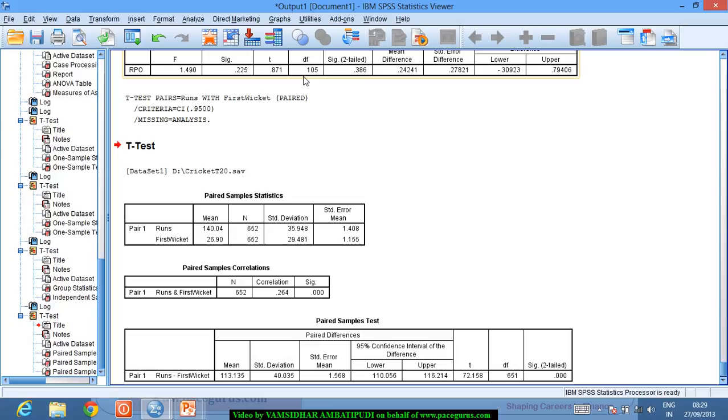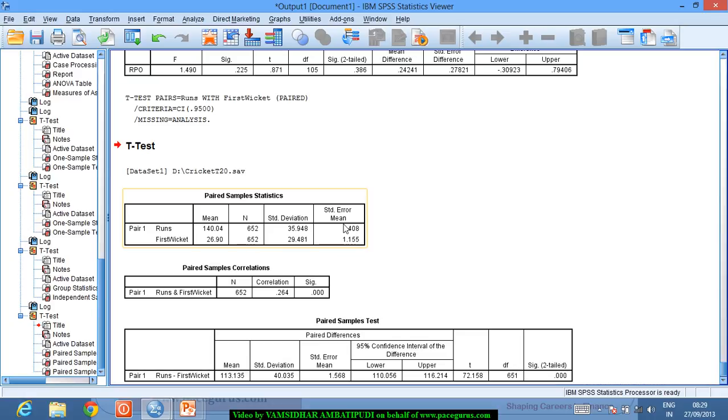What is coming out is that the average runs is 140, whereas the average first wicket partnership is only 26.9. The other thing it is showing is the correlation, which is 0.264, between the first wicket partnership and runs.